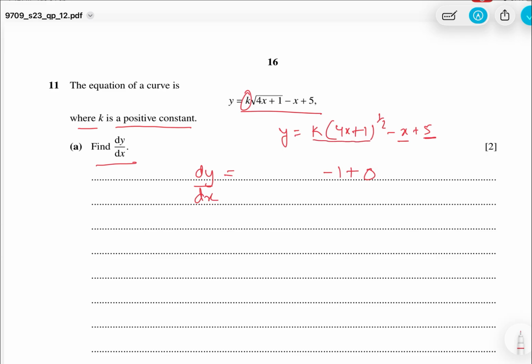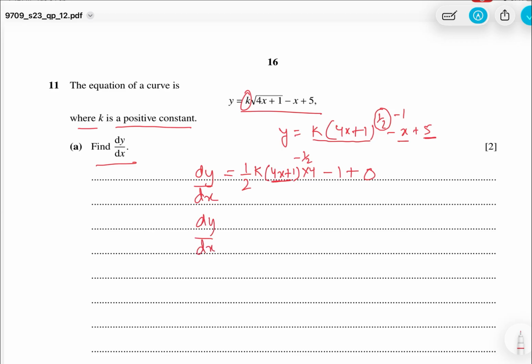Now over here we have to apply chain rule. First multiply by half, so half k, subtract 1 from the power, it will become (4x plus 1) to the power negative half. Now differentiate this 4x plus 1 and multiply it. Differentiation of 4x plus 1 is 4, so multiply it by 4.